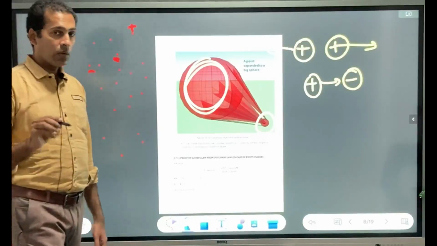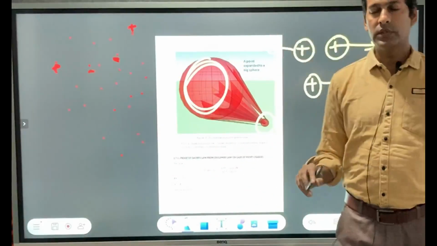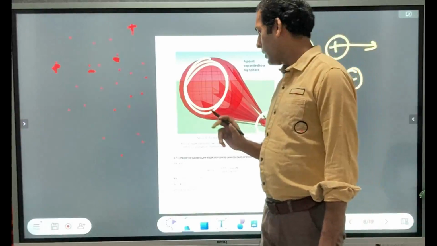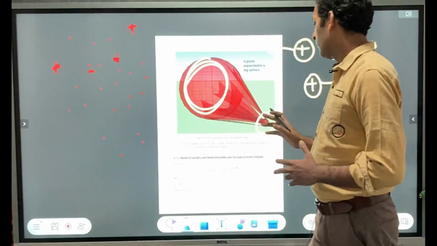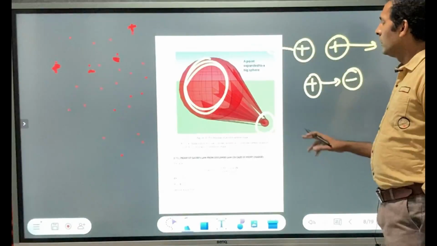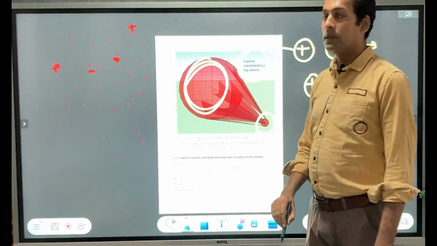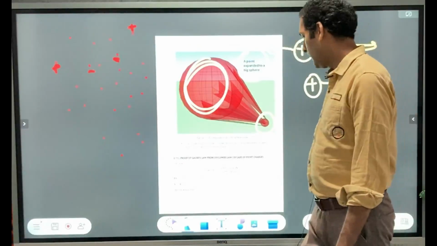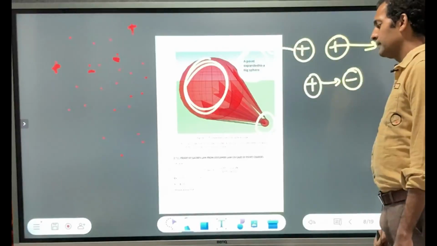So when we want to see the application of Gauss law from Coulomb's law in the case of a point charge, we take its area as the area of a sphere. What is the area of a sphere? It is 4 pi r square.